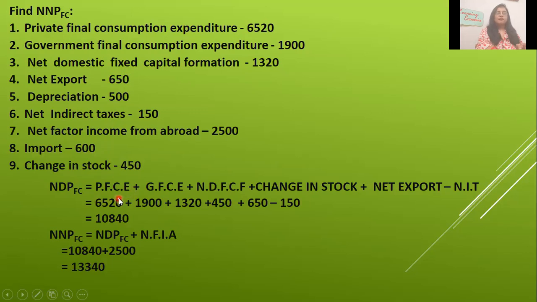Now what we have done: PFC, private final consumption expenditure, GFC, government final consumption expenditure, and we have made the abbreviation like this. Net domestic fixed capital formation. You can make abbreviations like this because the examiner can very well relate to it. Net domestic fixed capital formation is 1320. Then there is change in stock, given as 450. You have to add change in stock. And then net export is given 650.